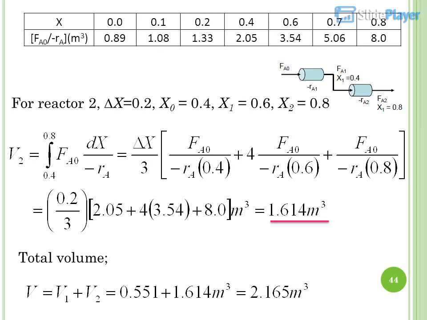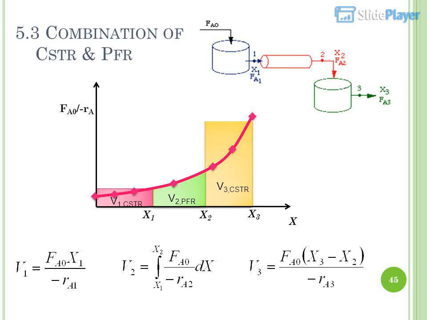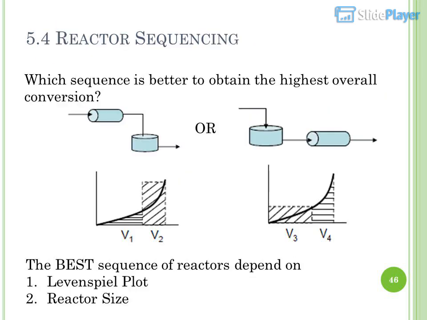Total volume. 5.3 Combination of CSTR and PFR: V1 CSTR, V2 PFR, V3 CSTR, with conversions X1, X2, X3. 5.4 Reactor sequencing. Which sequence is better to obtain the highest overall conversion? The best sequence of reactors depends on the Levenspiel plot.